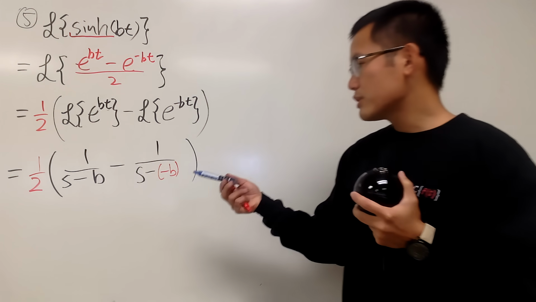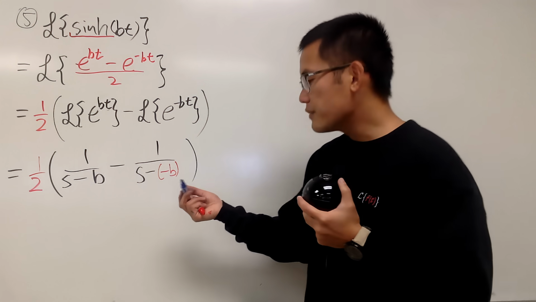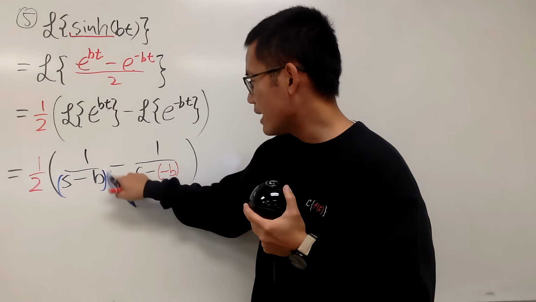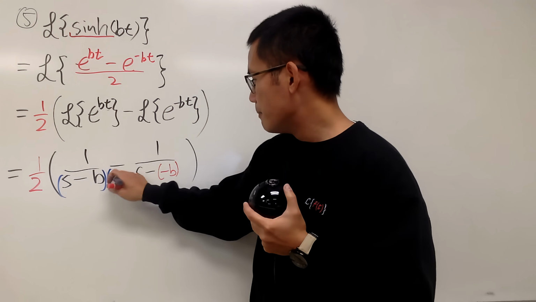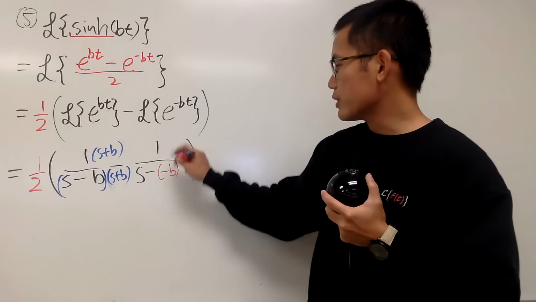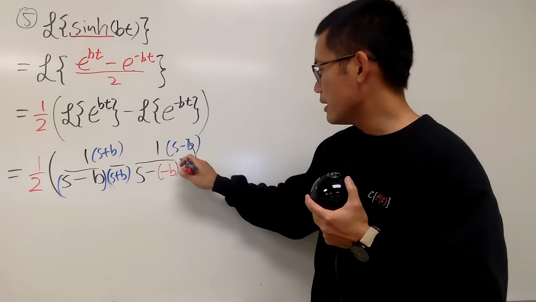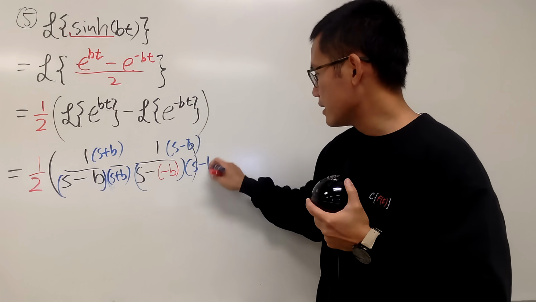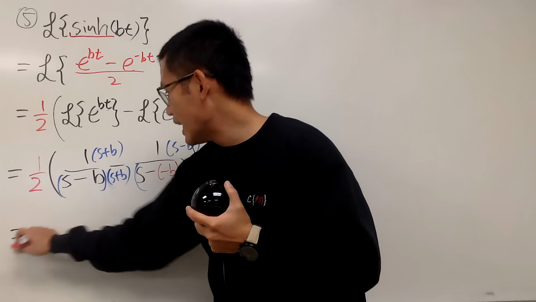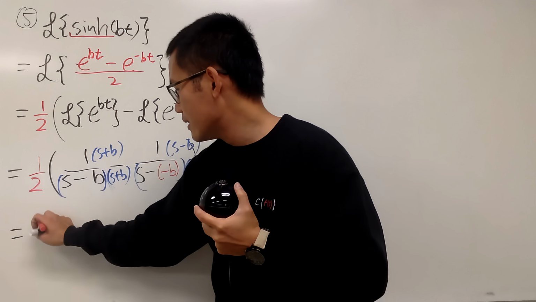Now we can combine the little fractions. Right here, we multiply the top and bottom by s plus b, and this one we multiply the top and bottom by s minus b. Now we have 1/2 in the front.